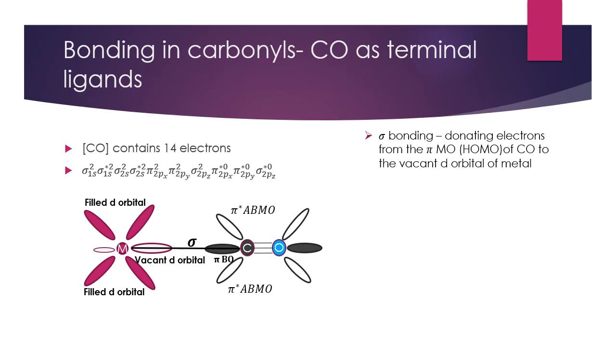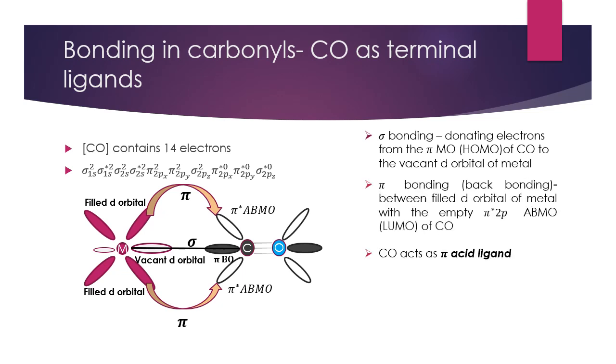Both of them have pi symmetry, and the anti-bonding molecular orbital of carbon monoxide is the LUMO, that is lowest unoccupied molecular orbital. This is the overlap, resulting in the formation of pi bonding. The pi bonding interaction leads to the delocalization of electrons from the filled d orbitals onto the carbon monoxide ligand. So the ligand also acts as a pi acid ligand.